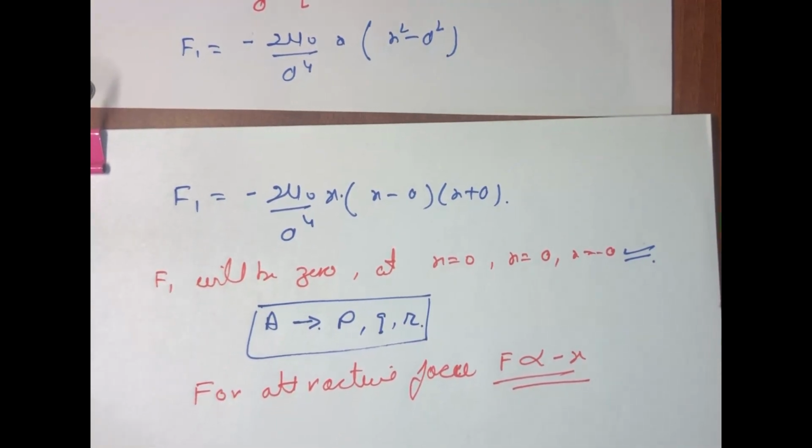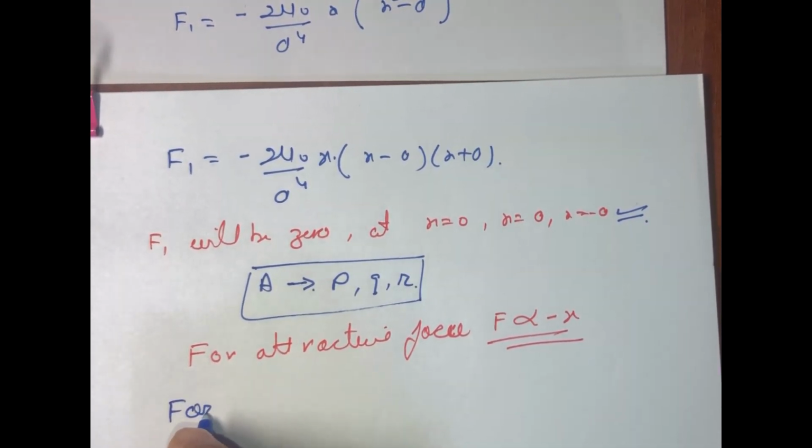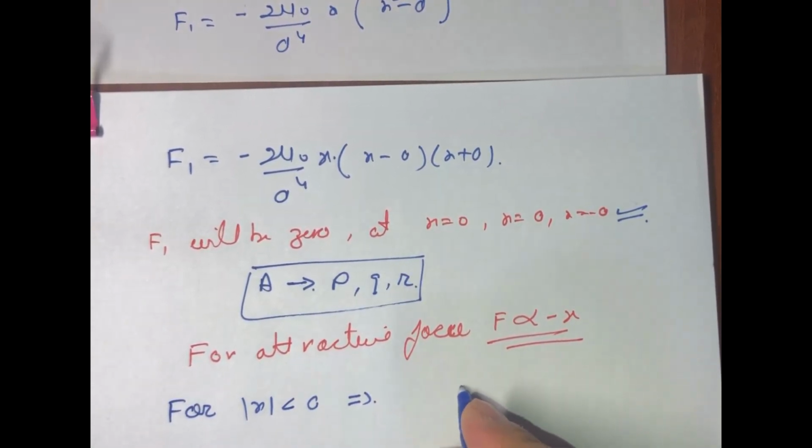Let us find out whether this relationship is true in the region modulus of x is less than a, which basically means that x is going to lie between a and minus a.